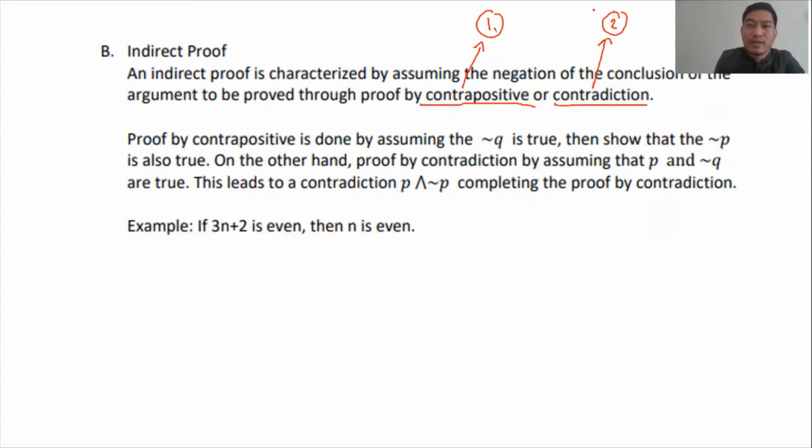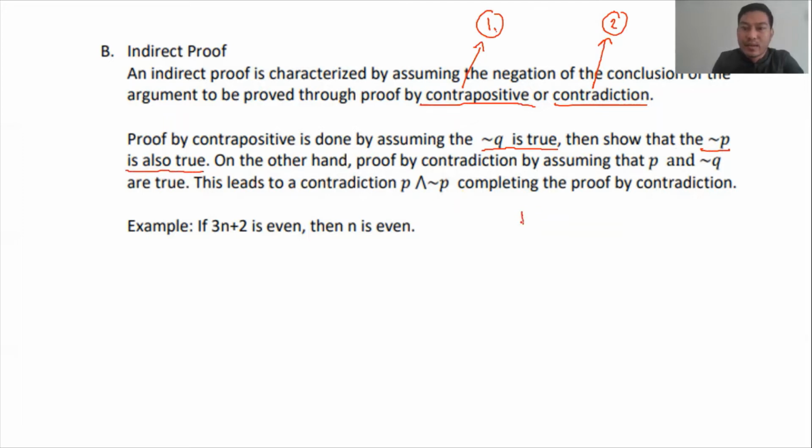I'll just focus on how it will be proven using contraposition. Proof by contrapositive is done by assuming that the negation of Q is true, and we will show that the negation of P is also true. We will just focus on this one for today.